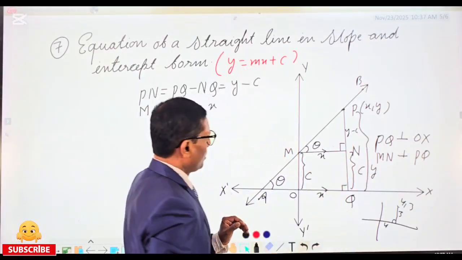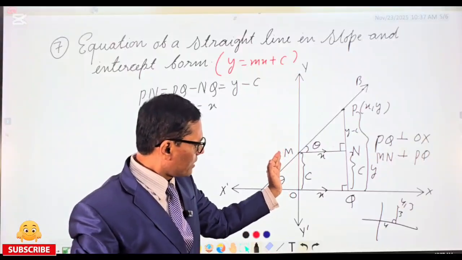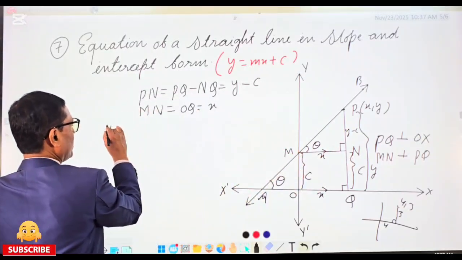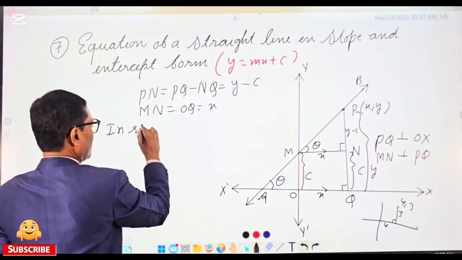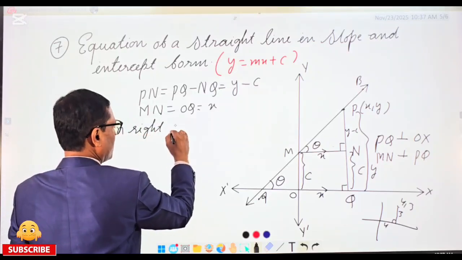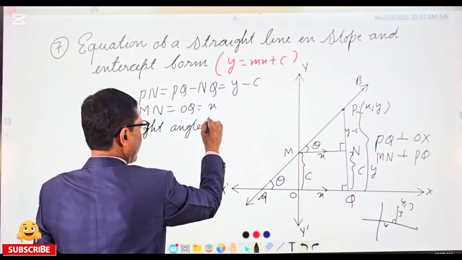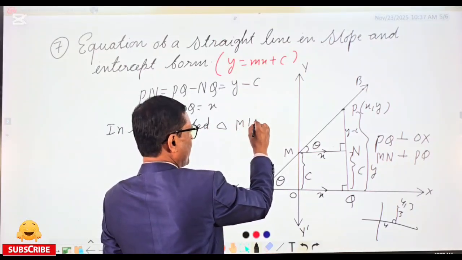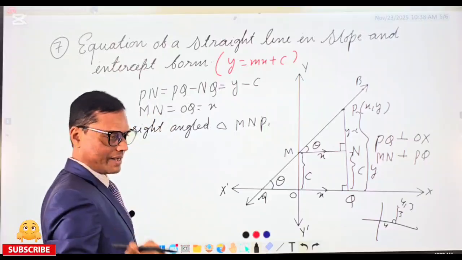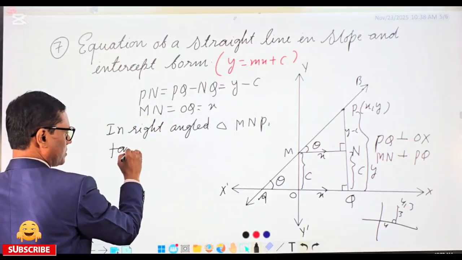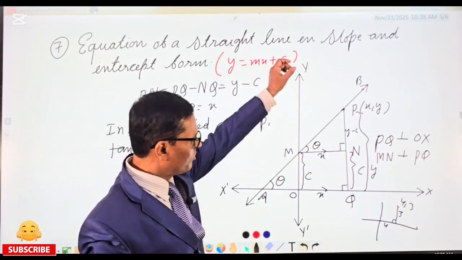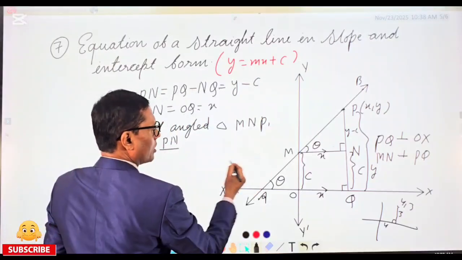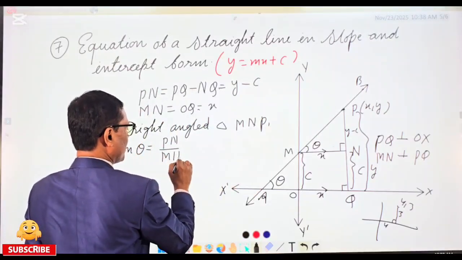So can we choose the right angled triangle PNM? So in right angled triangle MNP, apply tan theta. Tan theta equals PN upon MN, right?